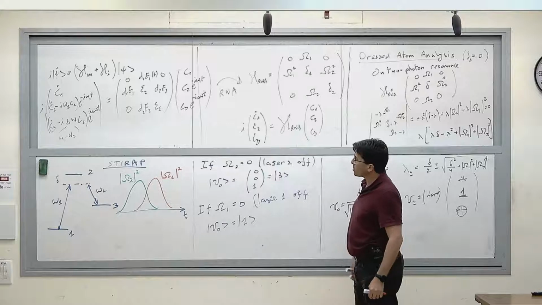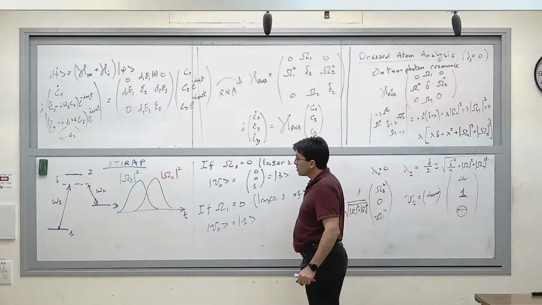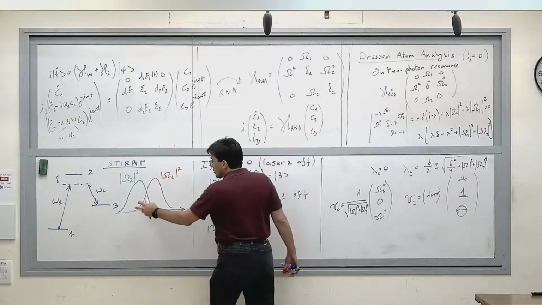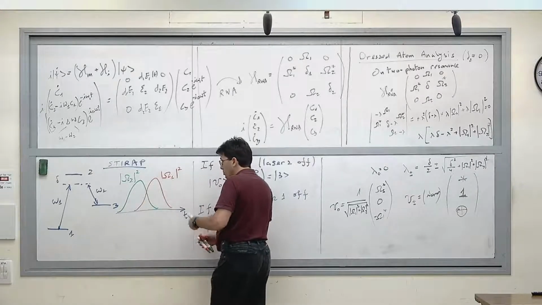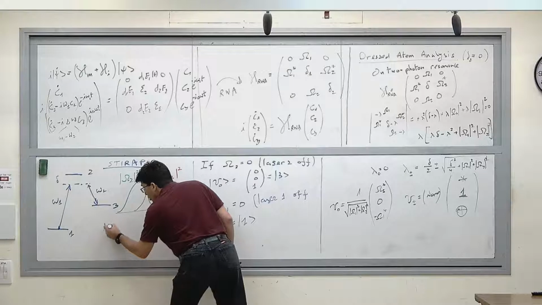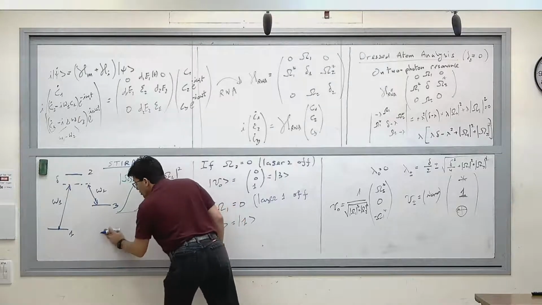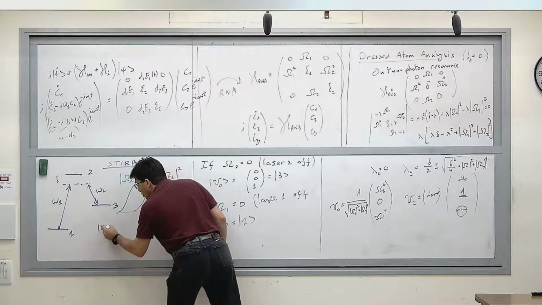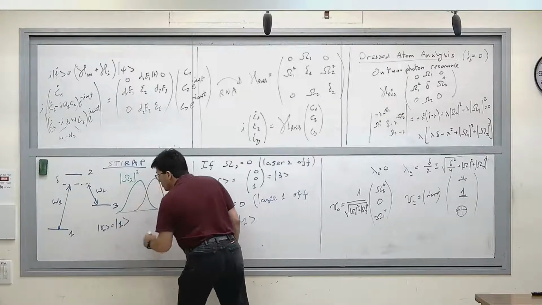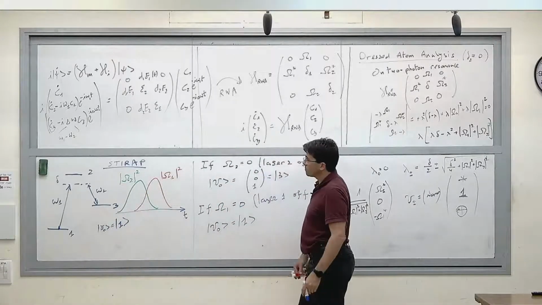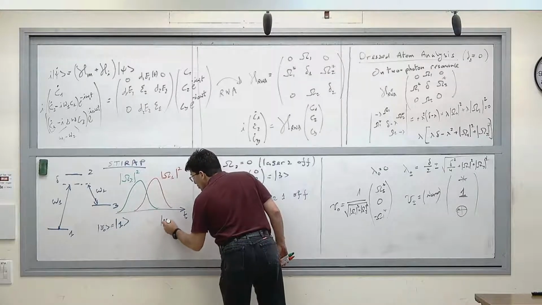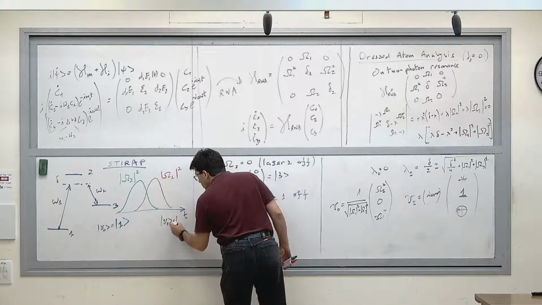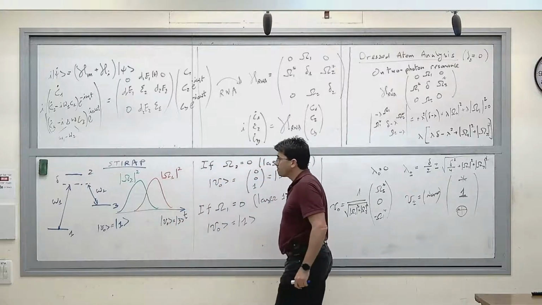And then we can ask ourselves, okay, so here, in this part, the zero field, this V0 is state 1. In this part, V0 is state 3.